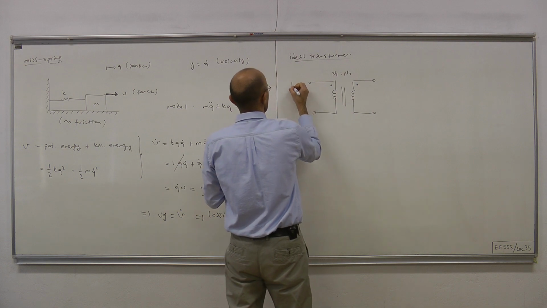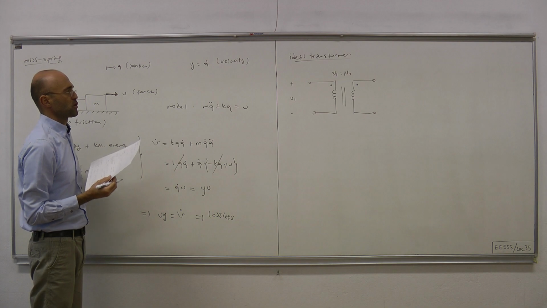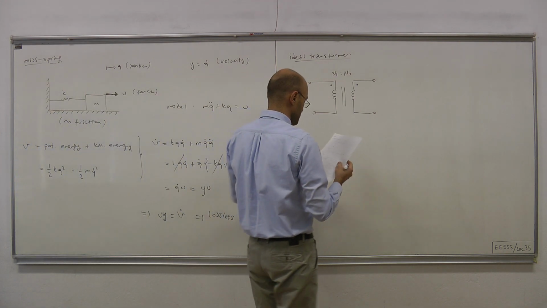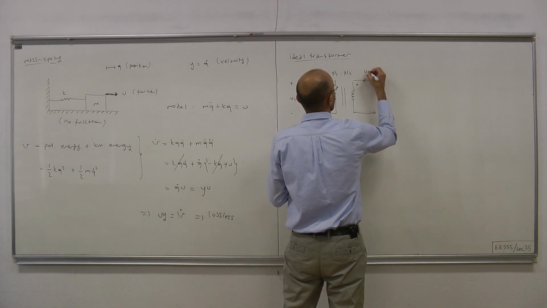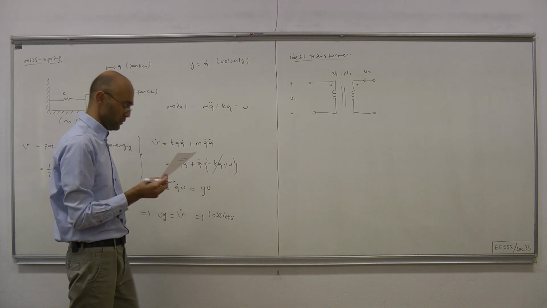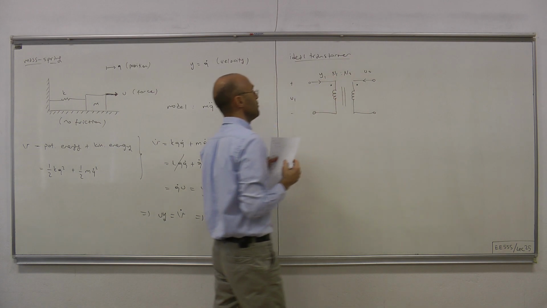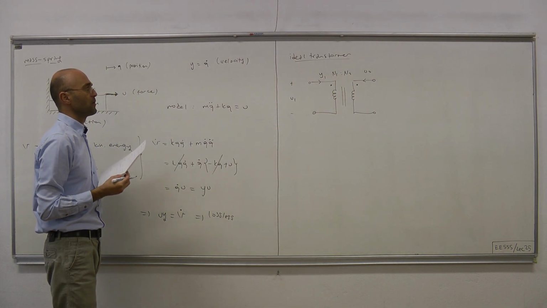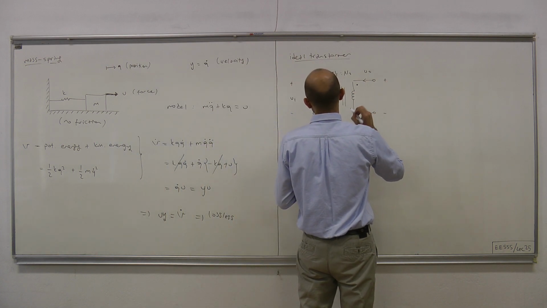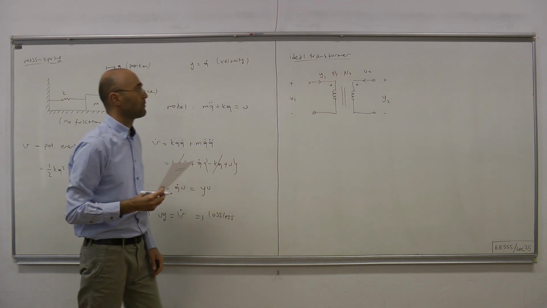Now suppose that the voltage applied at the first coil is U1, one of our inputs, and the current applied from the second coil is our second input to the system. As for the outputs, the first output is the current of the first coil, Y1, and the second output is the voltage of the second coil, Y2.